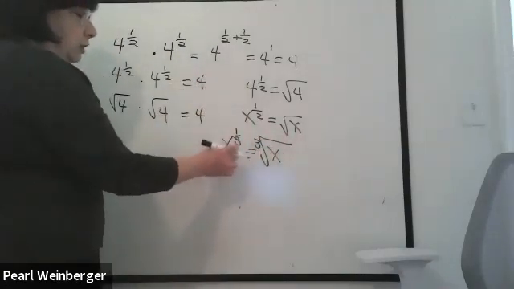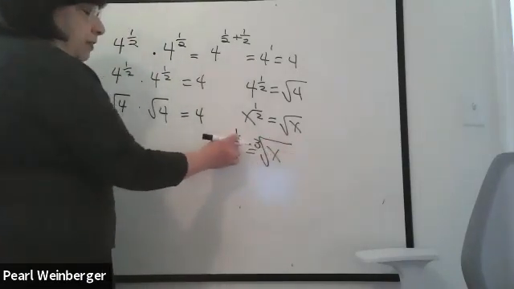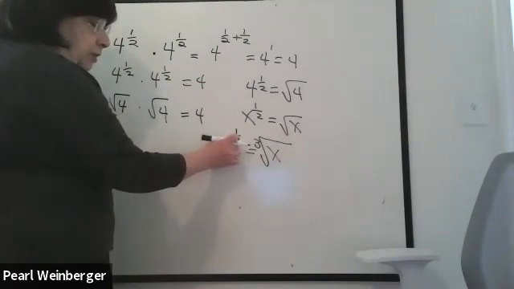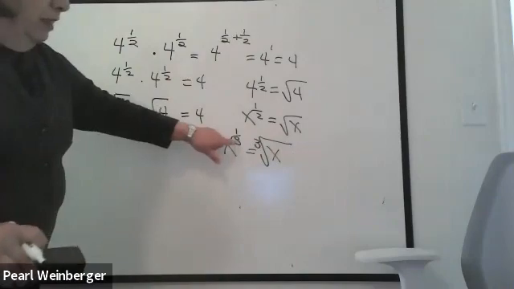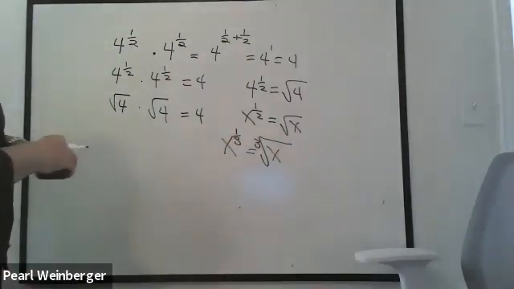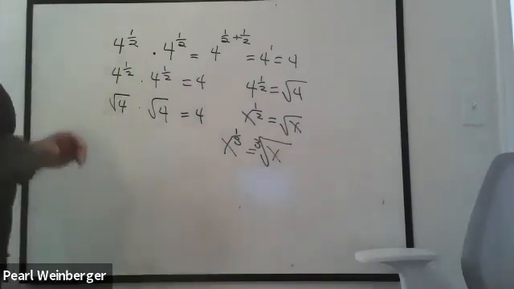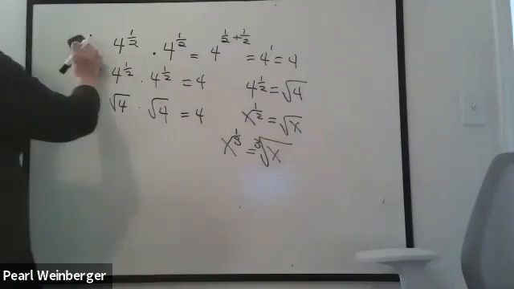Any fractional exponent really is a radical, and the number that's in the denominator of the fraction is the index of the radical. So how does that work out? Well, let's see some problems.